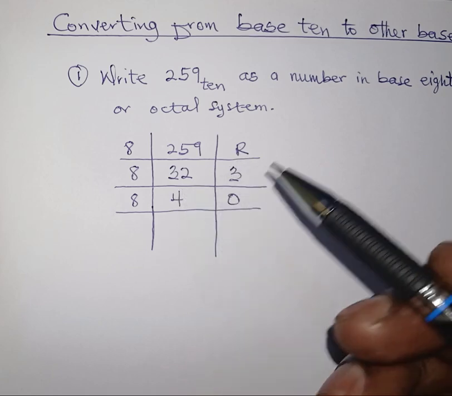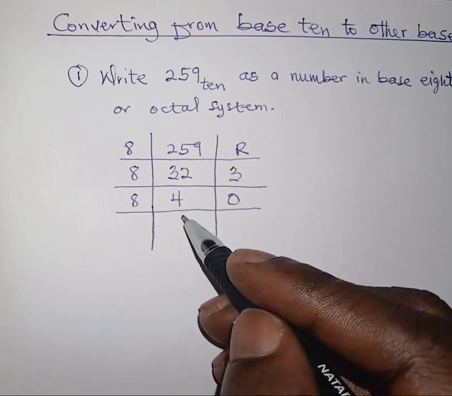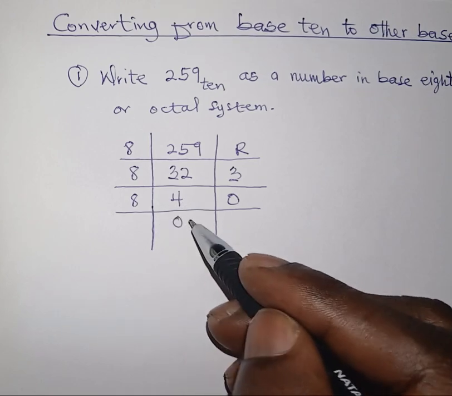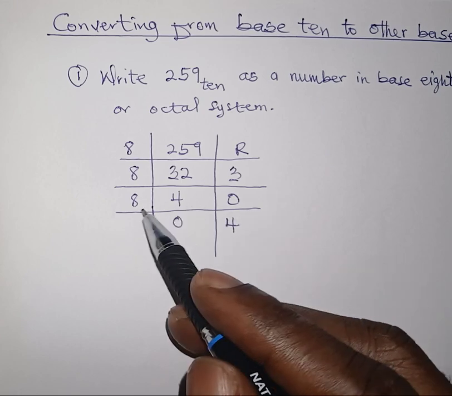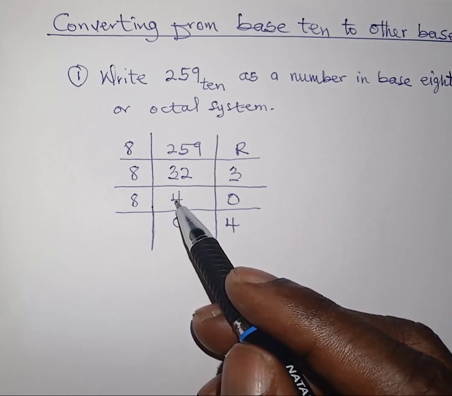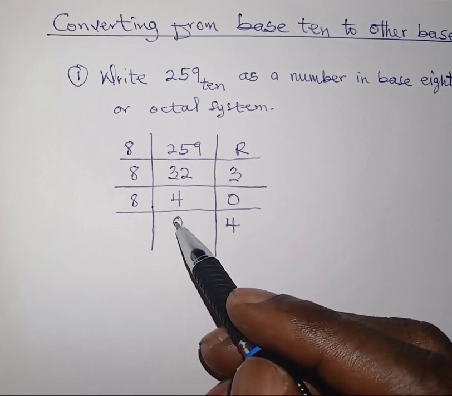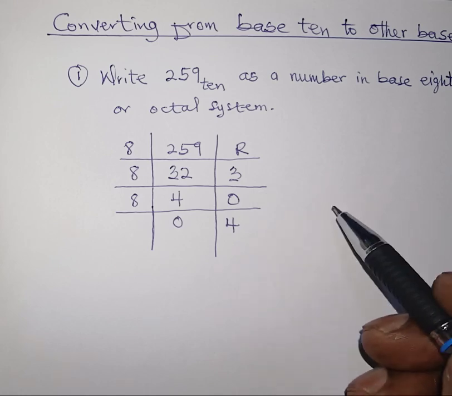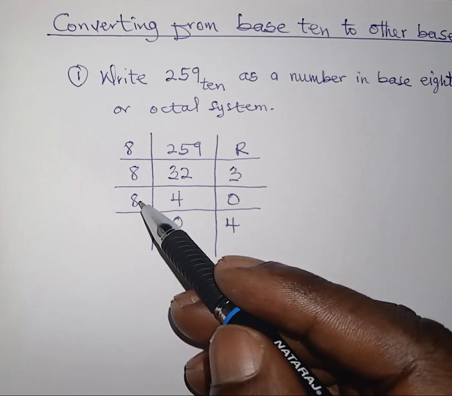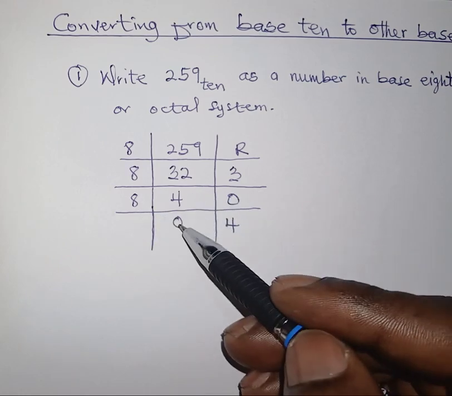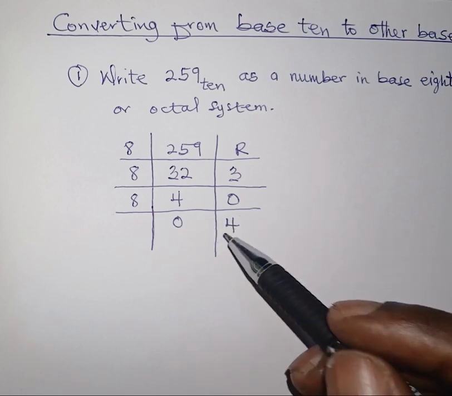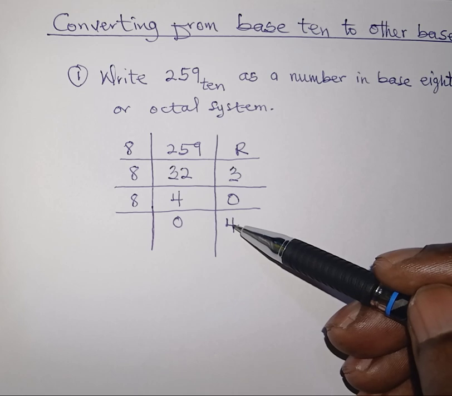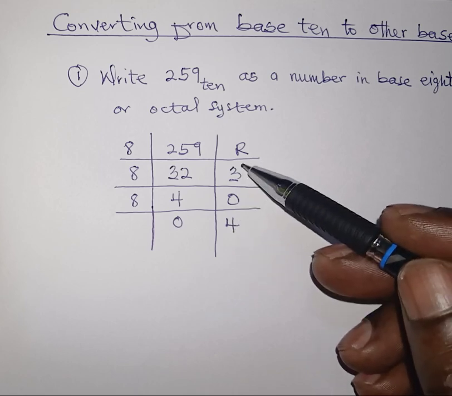But you can also divide this and still get 0, remainder 4. It means 8 divides 4 zero times, remainder 4.